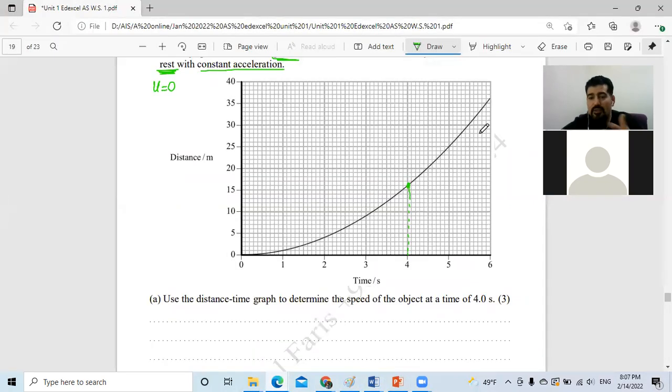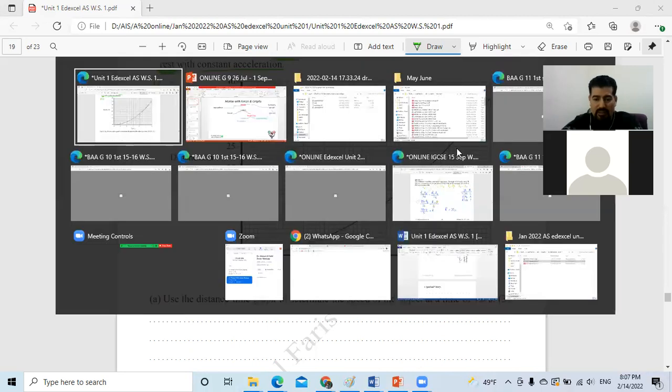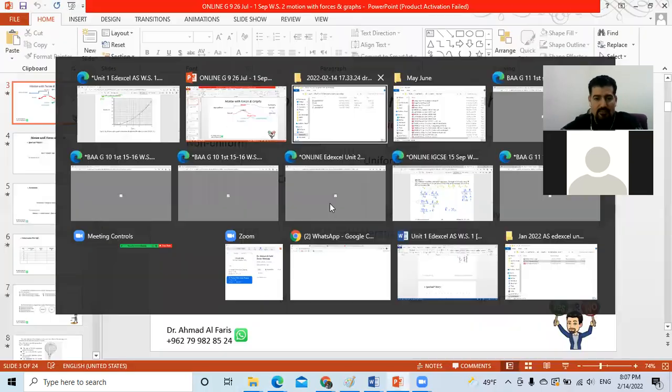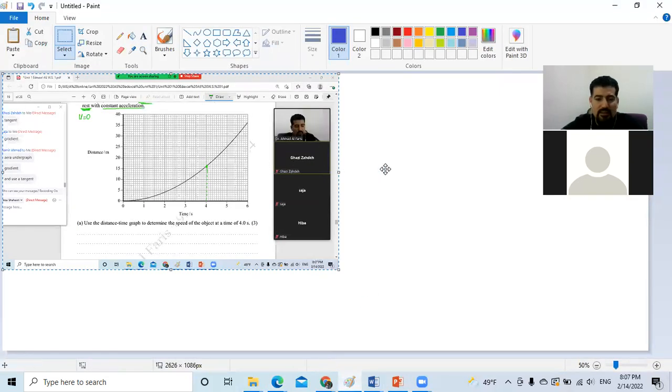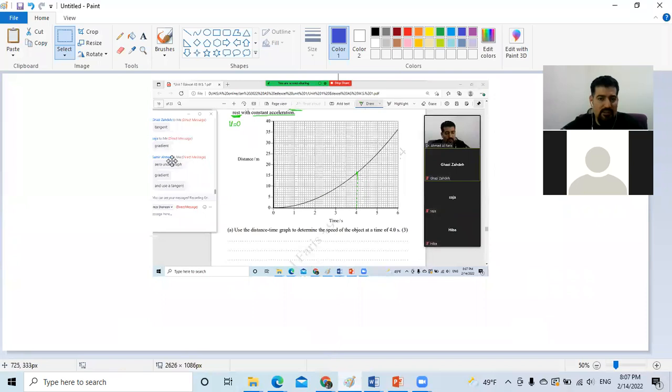Use your ruler, if you please, and draw a straight line that passes only through this point. I have software here, but I can't open it. Something is locked on the laptop. If I had this application, I could draw a straight line with a ruler. Let me try another application. Let me try to use Paint.